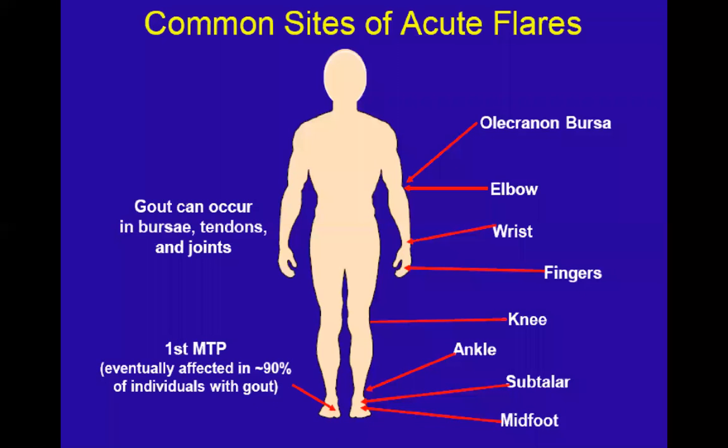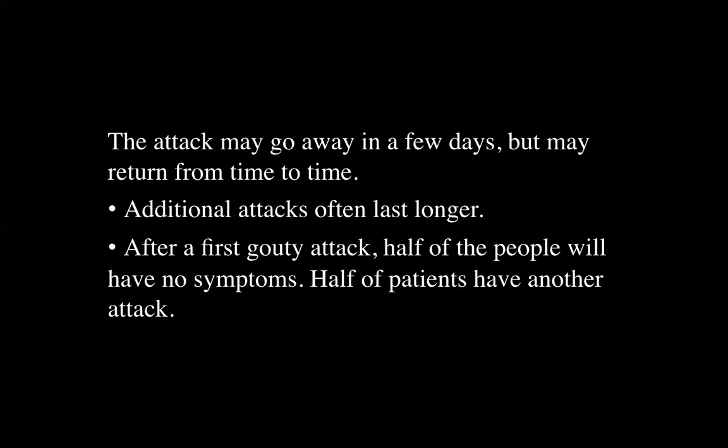Gout can occur in bursa, tendon, and joint: elbow, wrist, fingers, knee, ankle, midfoot, and 90% in the first MTP, this is the big toe of the foot, you can see.